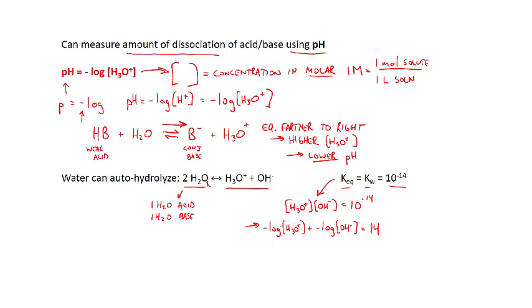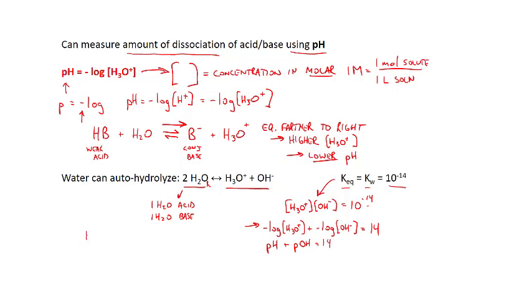So I'm making use of the fact that when you take the log of a product, the log of A times B is equal to the log of A plus the log of B. And we got rid of the minus sign on the right because we're taking negative logs of both sides. So this is just a fancy way of saying the pH plus the pOH must equal 14.